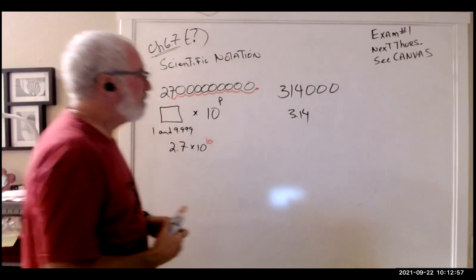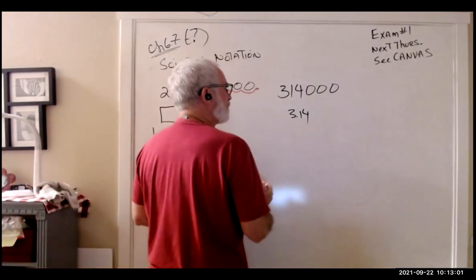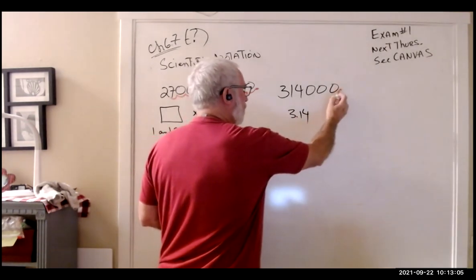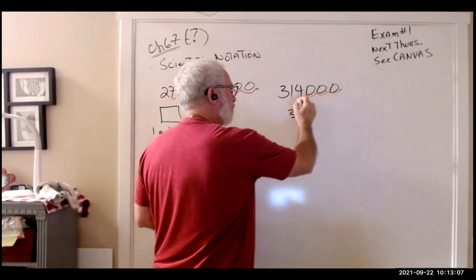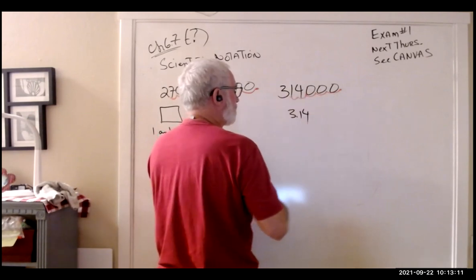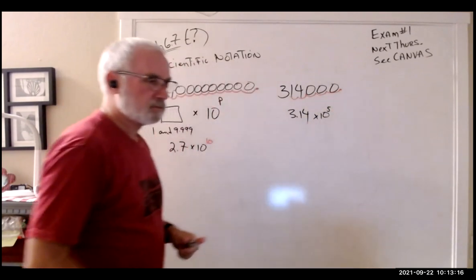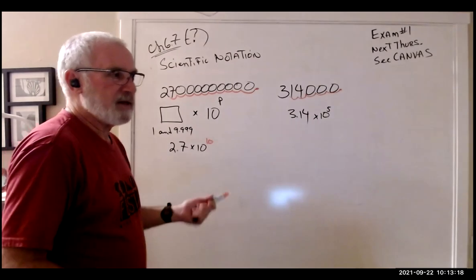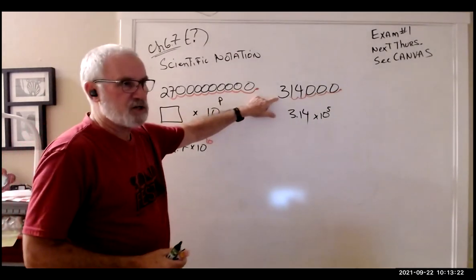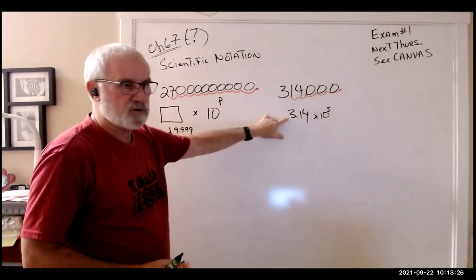And now you go back and you count. How many places, if I move the decimal point to 3.14, it used to be here, 1, 2, 3, 4, 5. So we would say times 10 to the 5 power. And that's it. That's converting from a standard notation number to a scientific notation number.